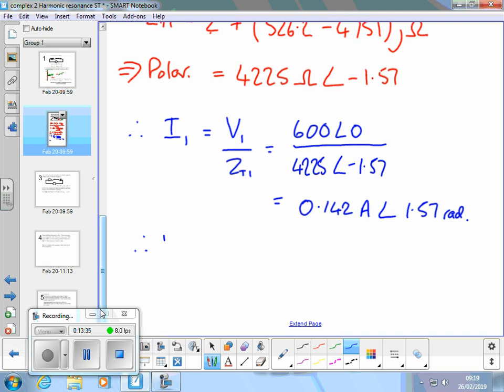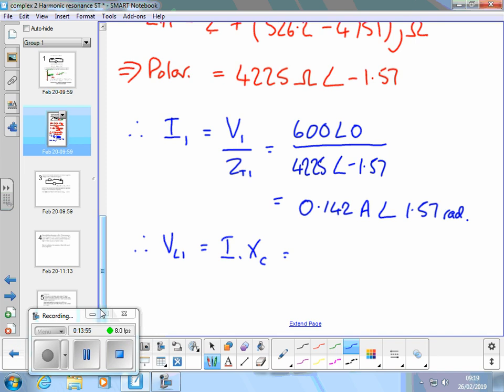Therefore, VL1, the voltage across the inductor due to the fundamental, is I times XL.